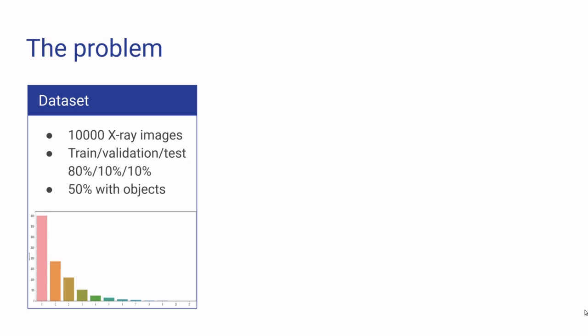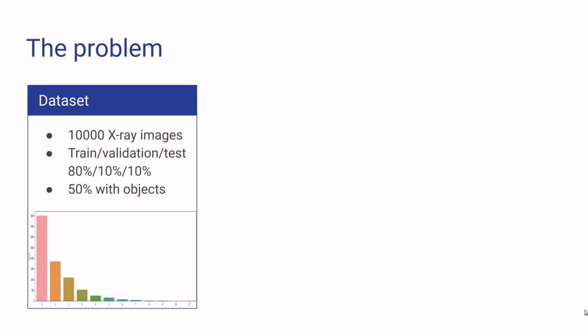First, let's take a look at the overview of the dataset. We have 10,000 front upper-body X-ray images, and they are split evenly into train, validation, and test. In each split, 50% have objects and 50% do not have any objects.